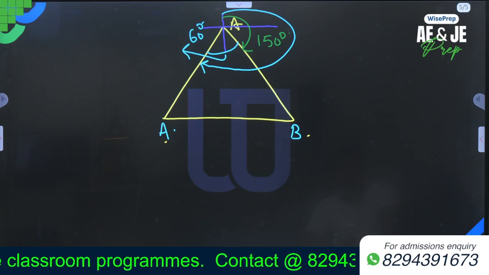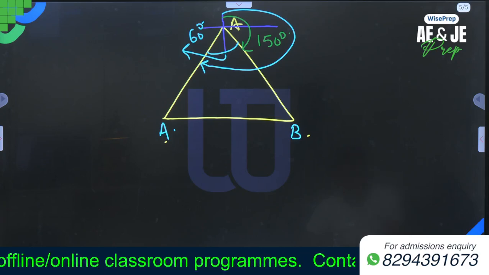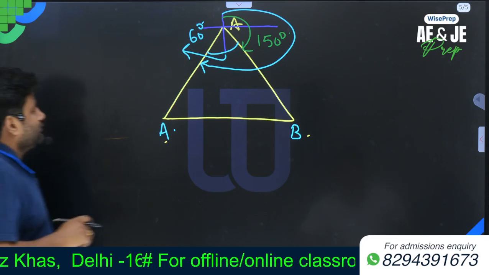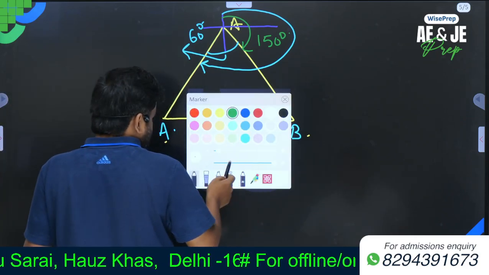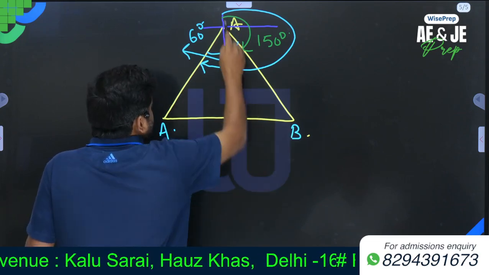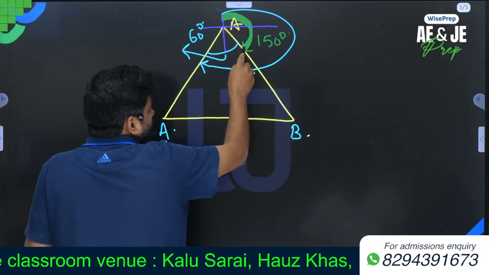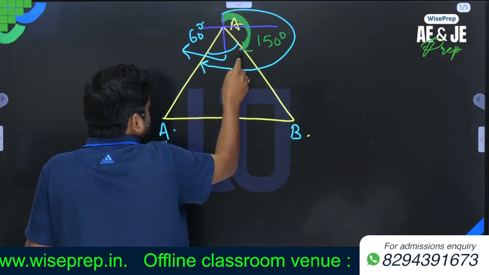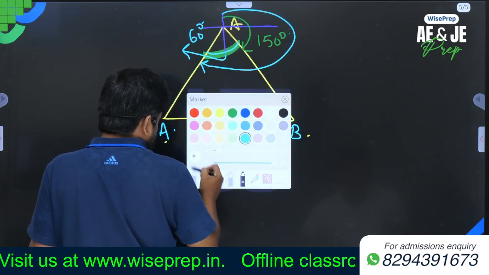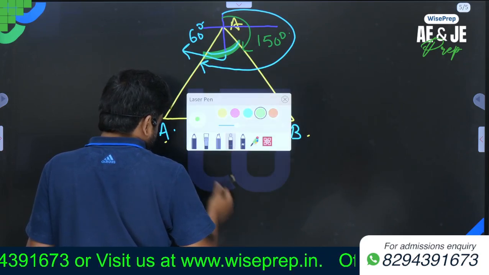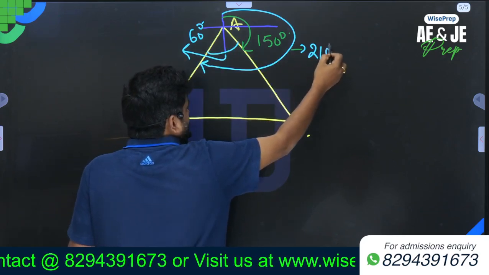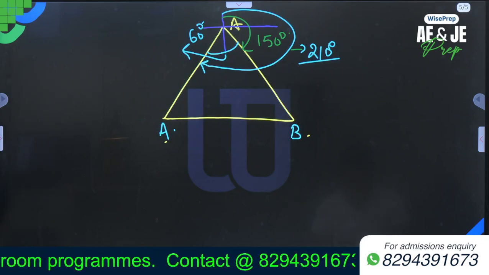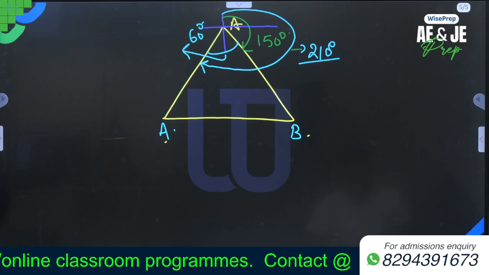This is how much? 150. This is 60. So this will be how much? 150 plus 60, that's equal to 210. All right. That's equal to 210 degree. All right. So do another questions.